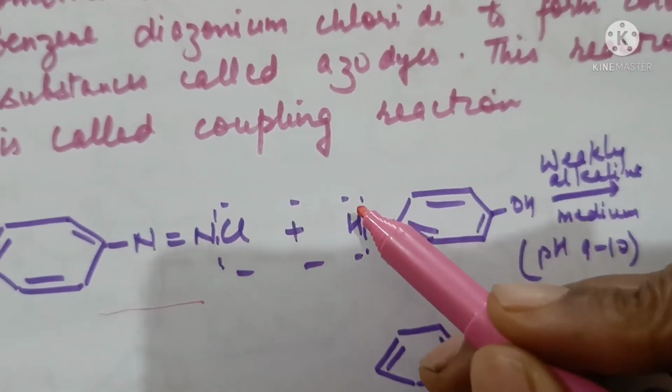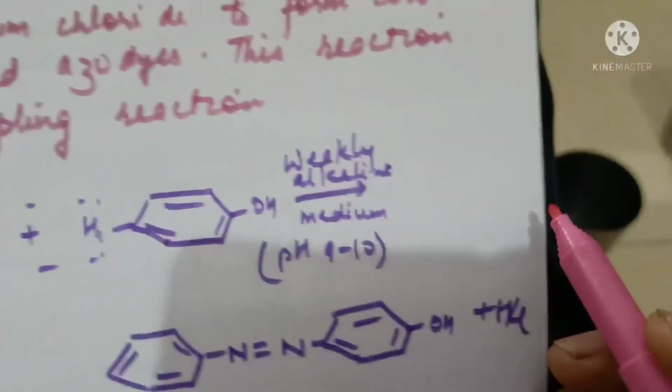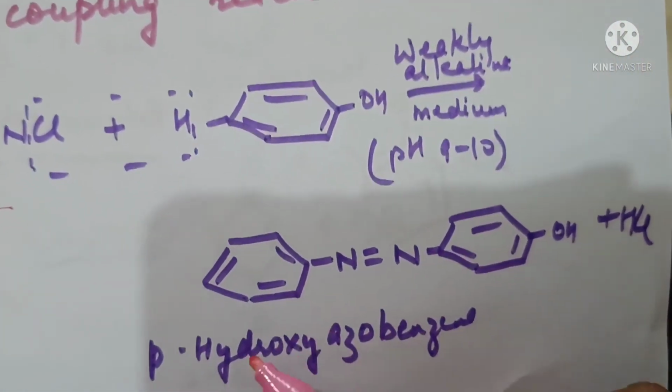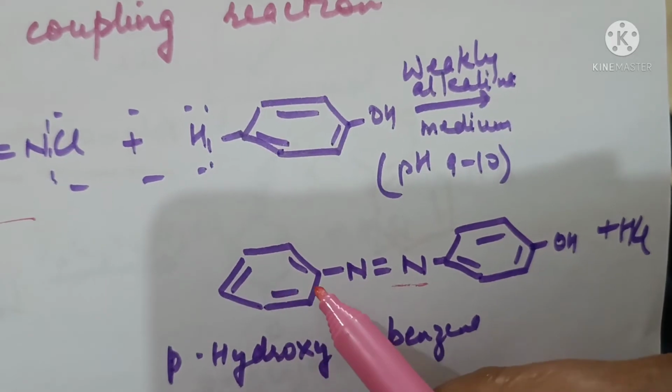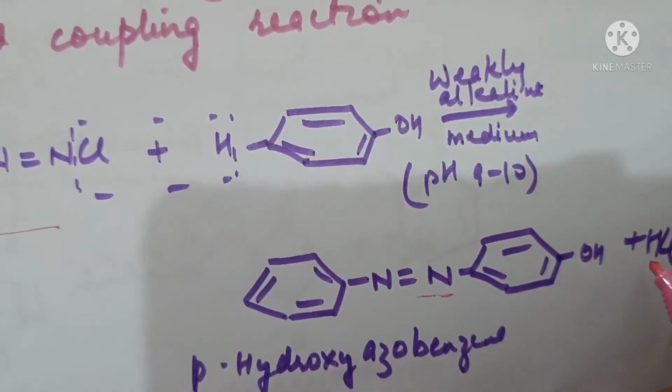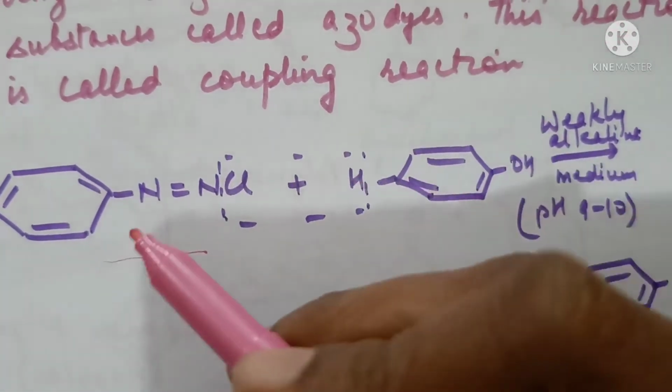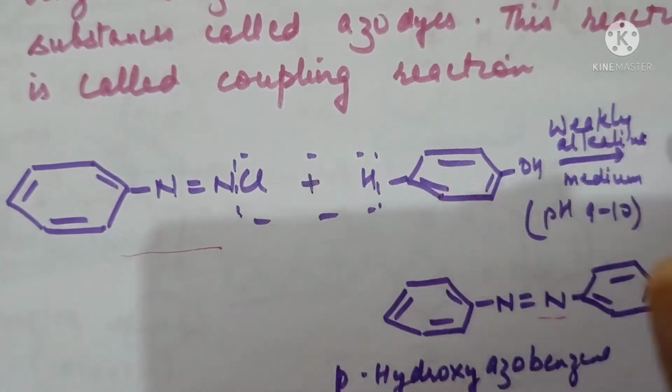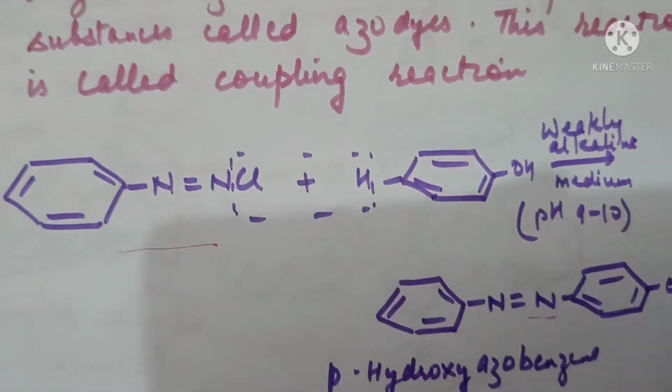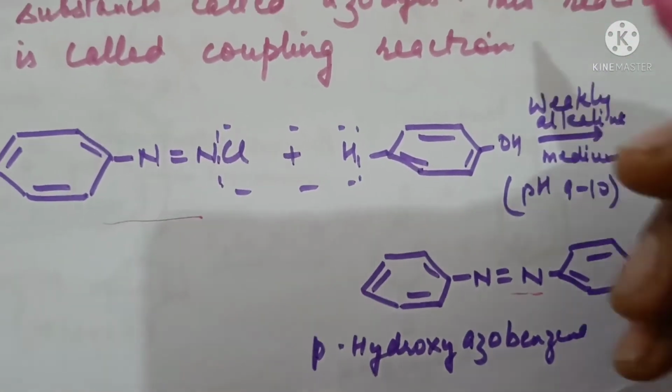HCl is taken off and these two combine to form para hydroxy azobenzene and HCl. In this reaction the two reactants couple into a single one. This reaction is called coupling reaction.